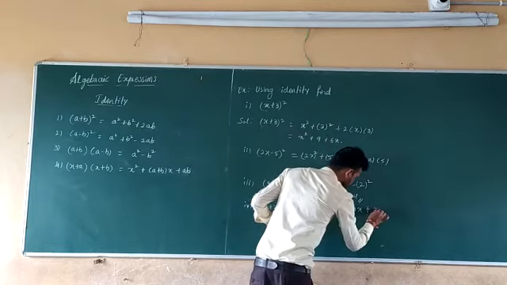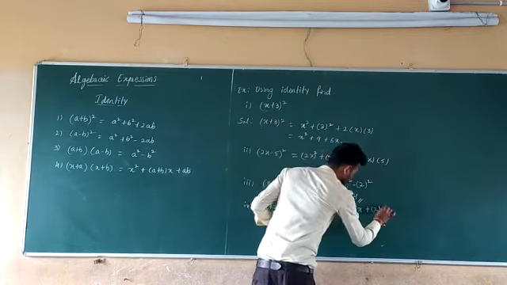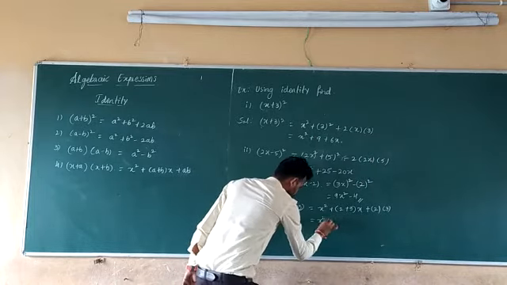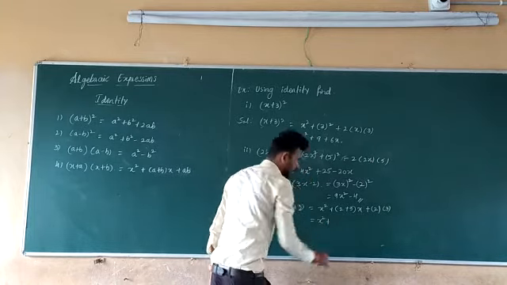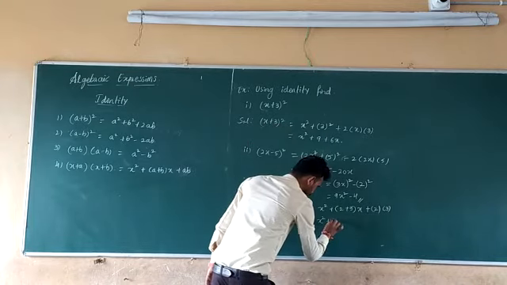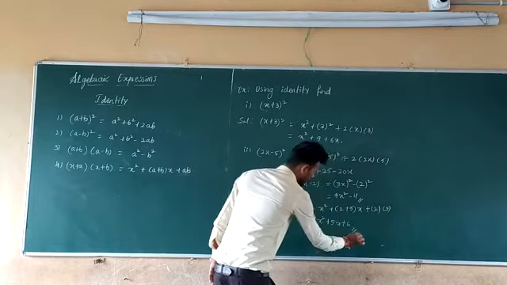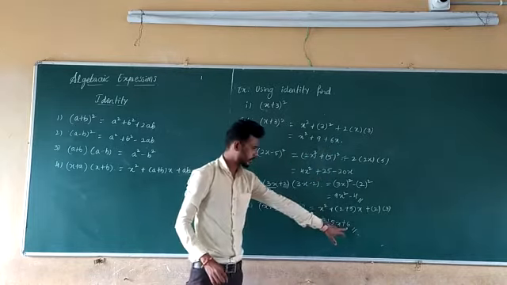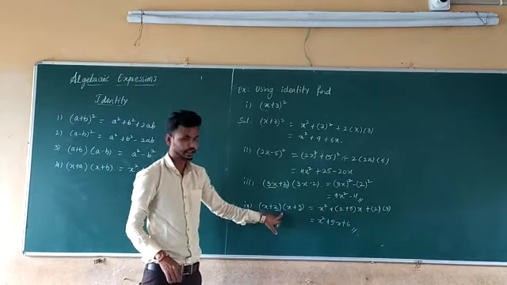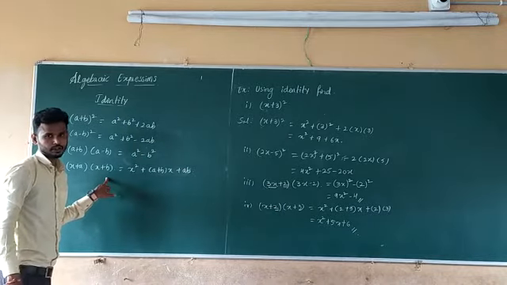A means 2, b means 3, so ab is 2 into 3. So it equals x square plus 2 plus 3, 5, into x, 5x, plus 2 3s are 6. So x square plus 5x plus 6 is the answer for the fourth question, and it is by using the fourth identity, (x plus a) into (x plus b).